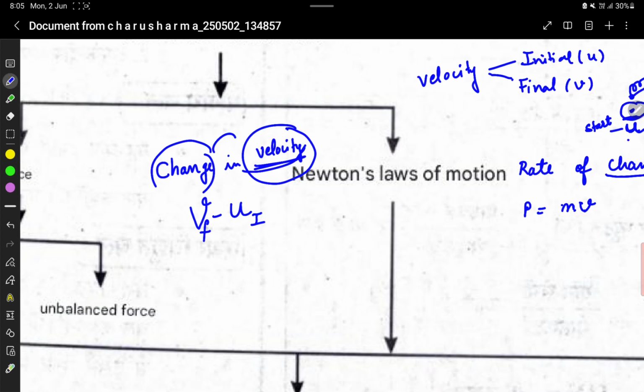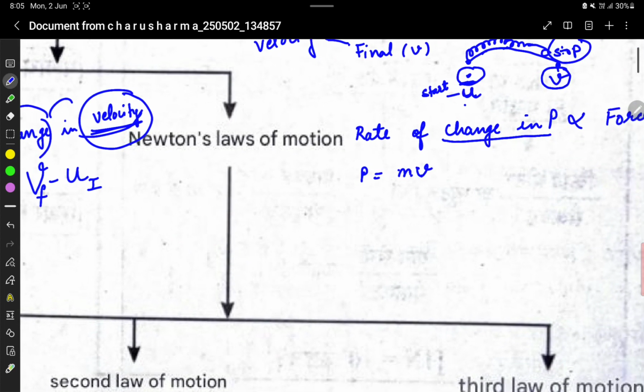That is your change in velocity. That much clear? So if I apply it to change in momentum, what will it be? Mass times final velocity minus mass times initial velocity, right? Because we are finding the change in momentum, and momentum should be of two types, the initial one and the final one. So we have subtracted them. That much is clear.